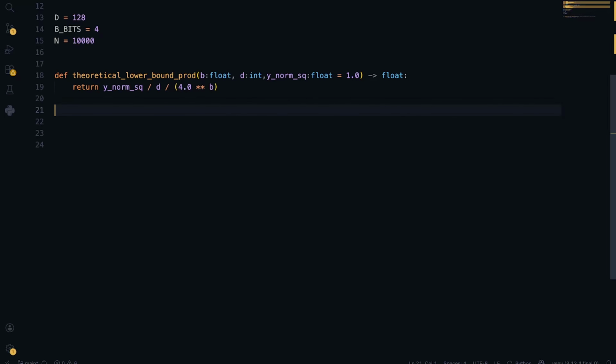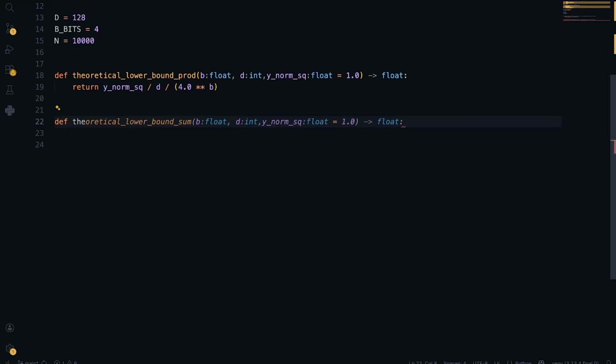And next we will define a function, or method, that is theoretical lower bound MSE.